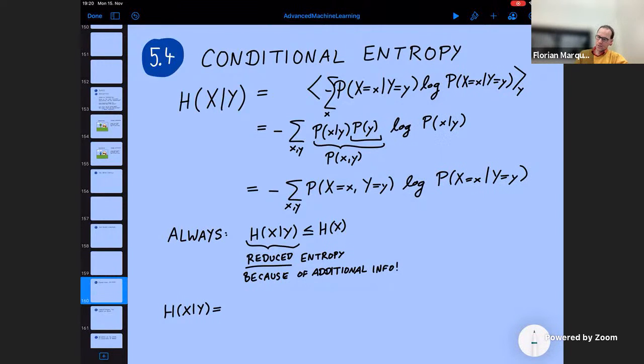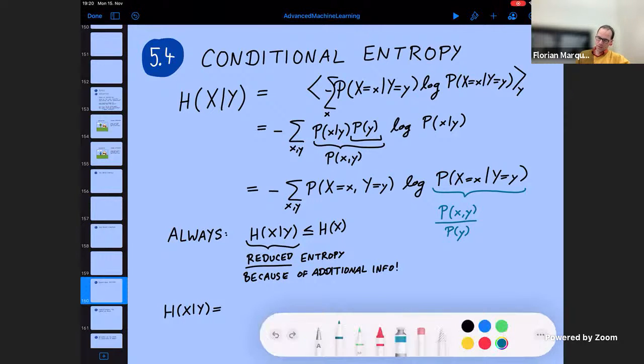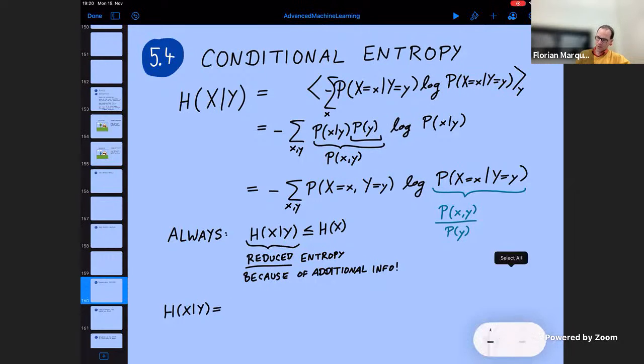You could always write this conditional probability as p of x comma y divided by p of y. And that's a nice way to write it, because the p of x comma y is exactly the same quantity as you have in front. So combining these terms, you would see, aha, this is just h of x comma y, the entropy of the joint distribution.